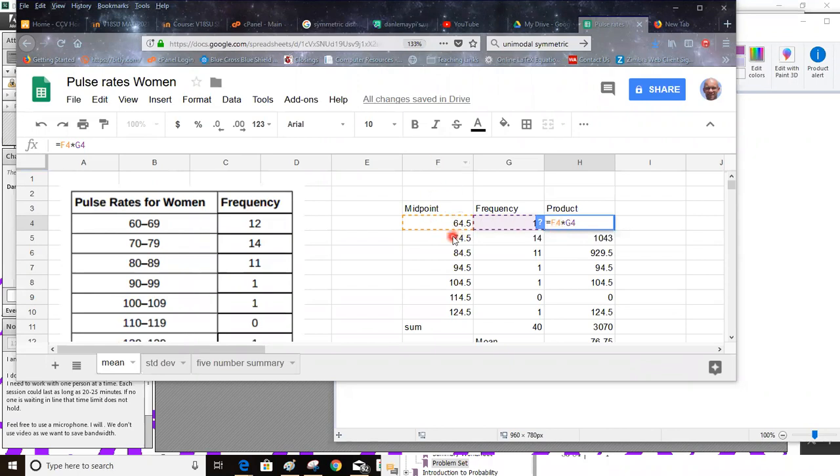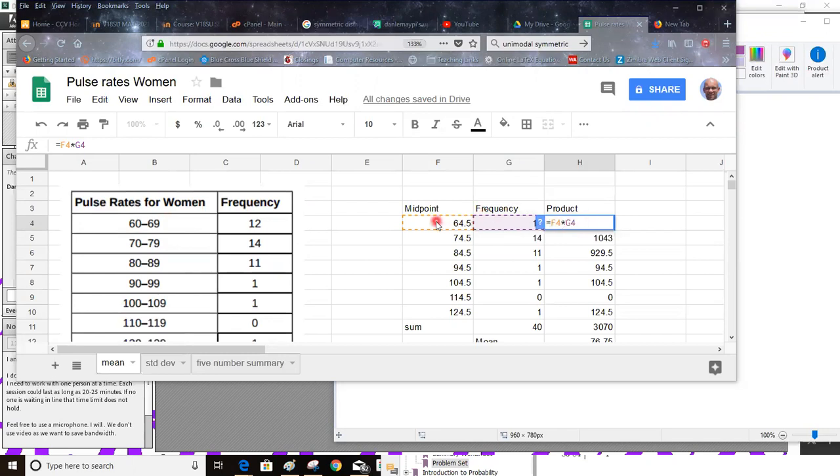Now, spreadsheet cells are columns and rows. If I want to talk about the cell where that 64.5 is, that's F4. If I want to talk about the cell where the 74.5 is, that's F5. The cell where this 12 is, that's G4. So that's why you see F4 times G4.